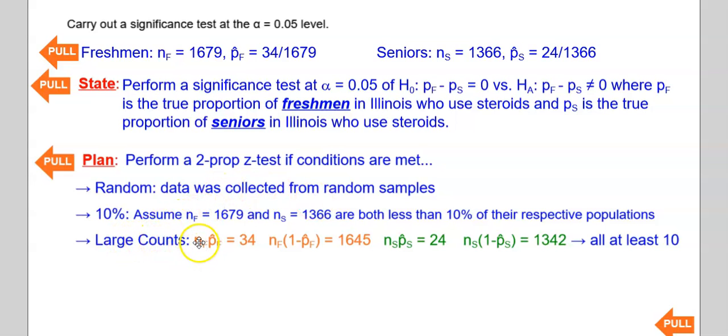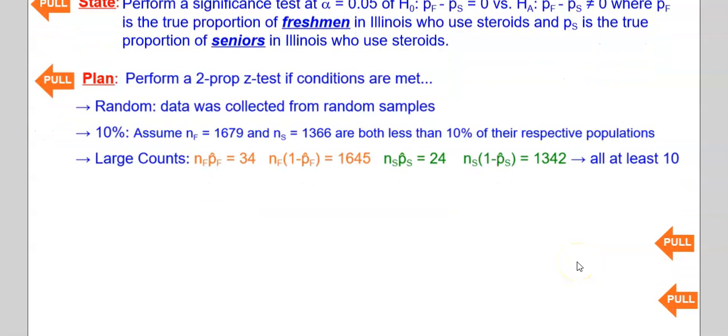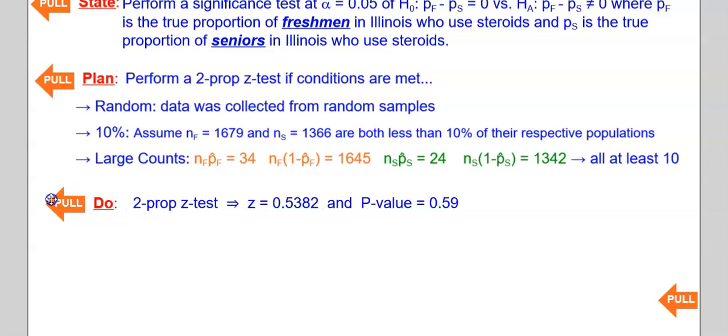And then check the large counts condition. We did n times p hat for each, and n times 1 minus p hat for both of the samples, and all four of those values are at least 10. So all conditions are met. We can go ahead and do our inference procedure right now.